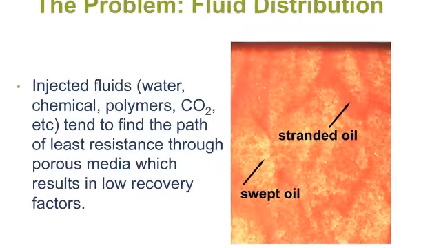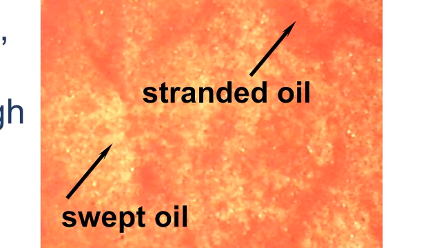So if we're not oscillating the flow on and off, what happens is the fluid will take the path of least resistance. So if you're looking at this chart here, this view graph of this cell where you have orange, dark orange and light orange, the dark orange is the stranded oil. The light orange, or the clearer material, is swept oil.